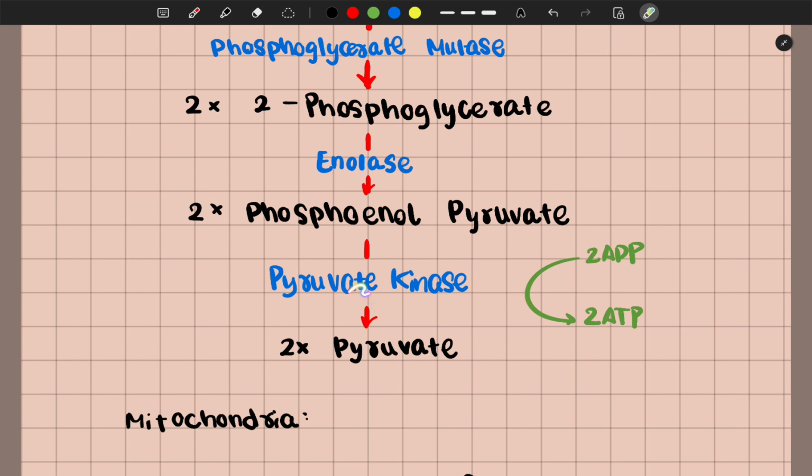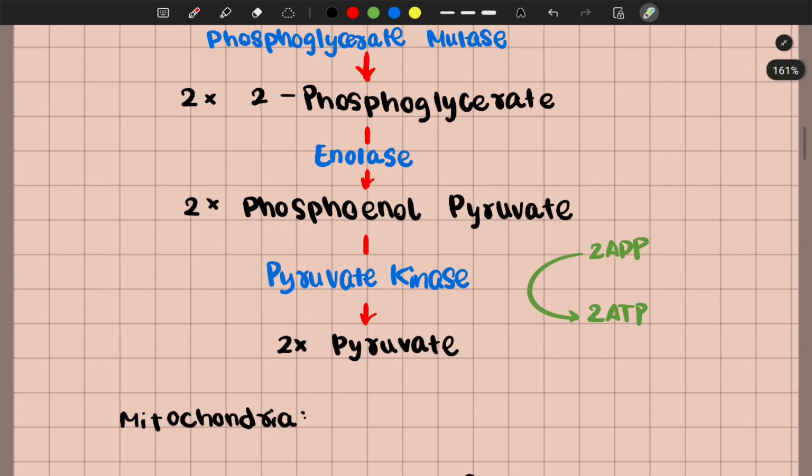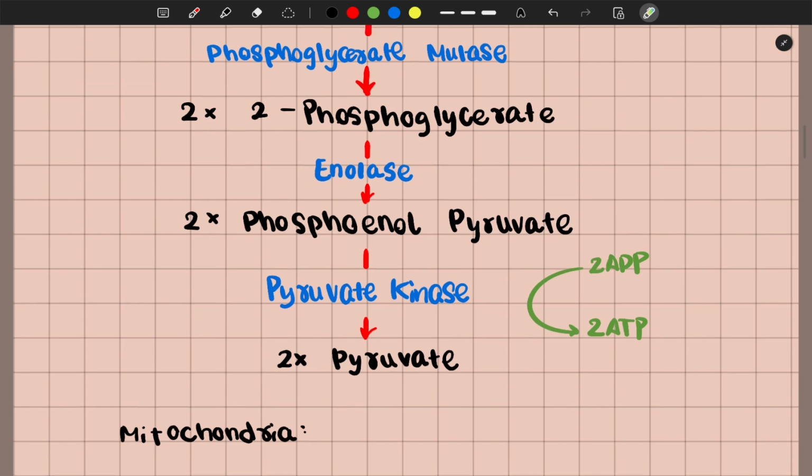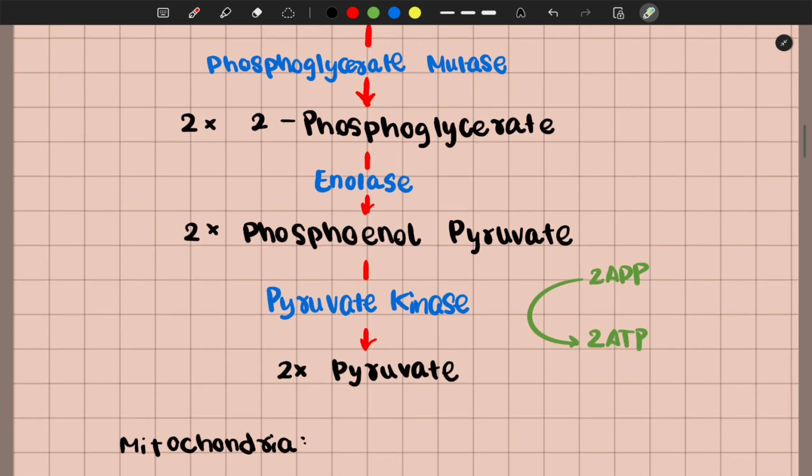And as PEP is being converted to pyruvate by pyruvate kinase, we gain back two molecules of phosphate into the cytoplasm. And what that does is that it creates two molecules of adenosine triphosphate.